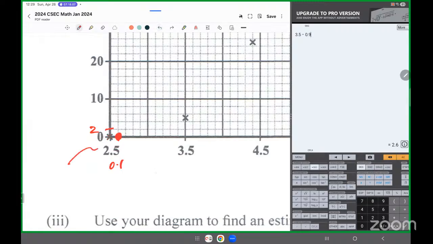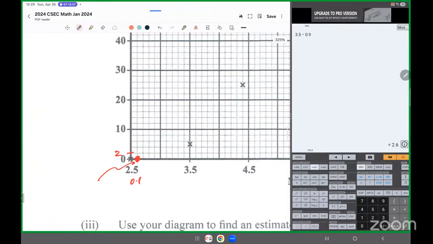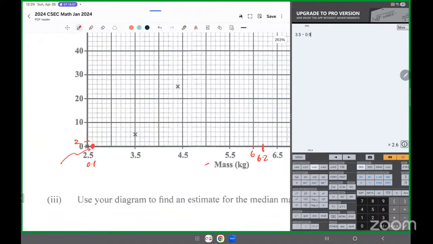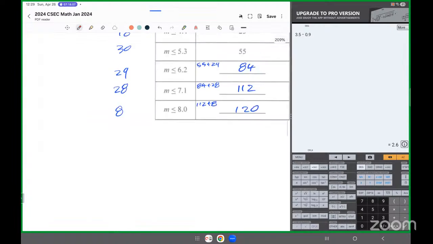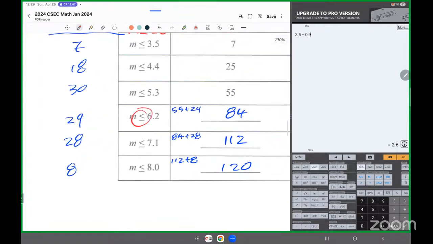And what this point means, remember, is that none of the newborns measure less than or equal to 2.6. It's a less than or equal to graph, a less than or equal to mass graph. So it shows how many newborns measure less than or equal to these mass values.